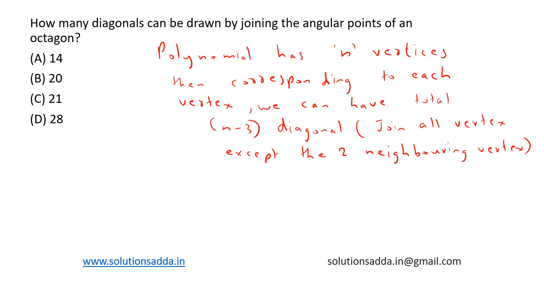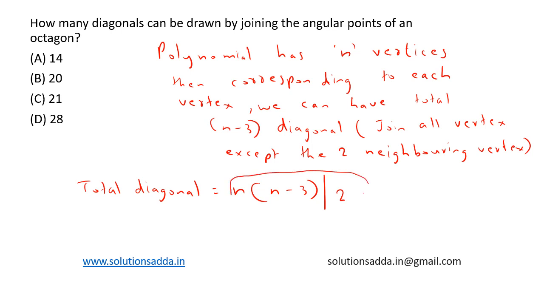So for n vertices, we can have n minus 3 diagonals for a particular vertex. So the total number of diagonals that are possible is, total diagonals is equal to n times (n minus 3) divided by 2. This is divided by 2 because we are counting the duplicate diagonals. So this is the total number of diagonals that are possible.